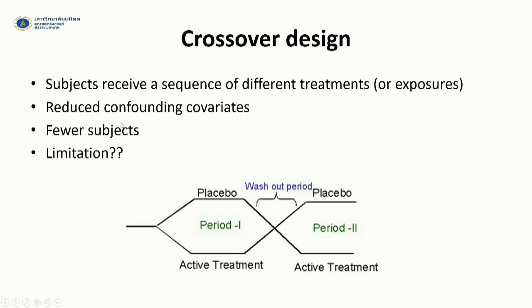And this helps to reduce confounding factors that can happen between subjects, and it uses fewer subjects, but it has some limitations. For example, when we do the cholesterol diet, when you lose weight, you lose cholesterol before, you cannot go back to the beginning where you have high cholesterol because it has already improved at the second time. So crossover design has some limitation in that sense.